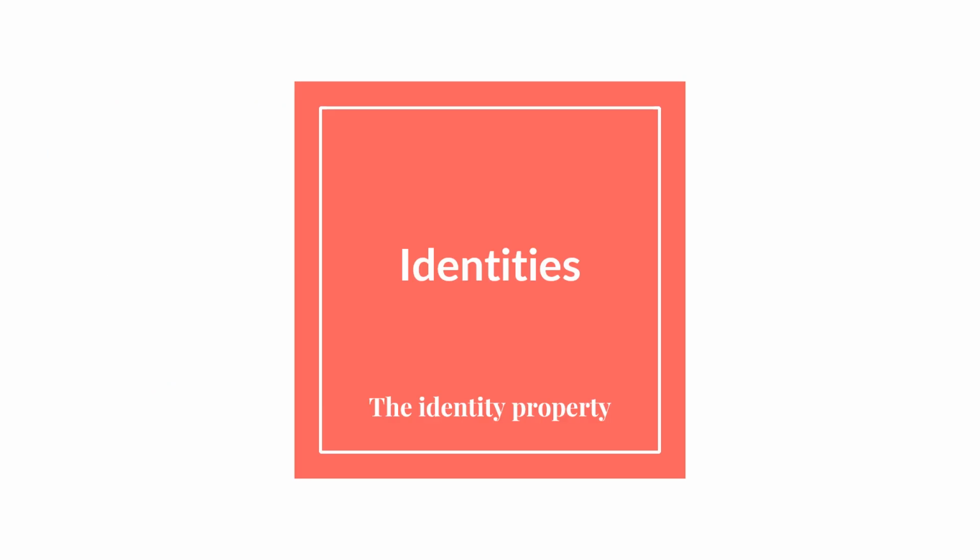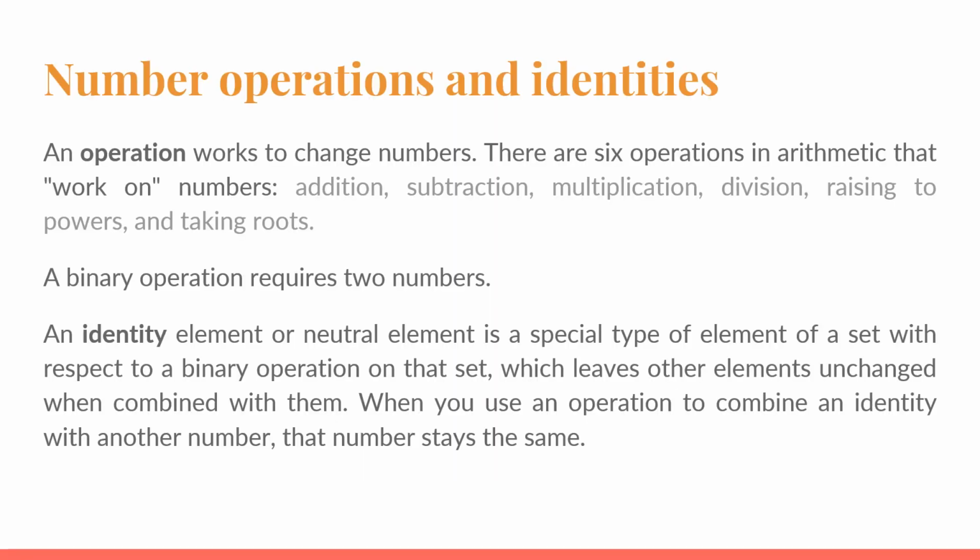Next up, we have the identities of operation, or the identity property. An operation works to change numbers. Basically, there are 6 operations in arithmetic that work on numbers. So we are well aware of addition, subtraction, multiplication, and division.